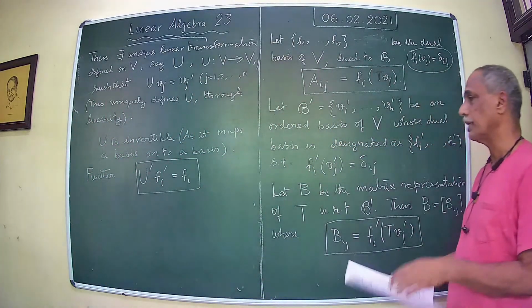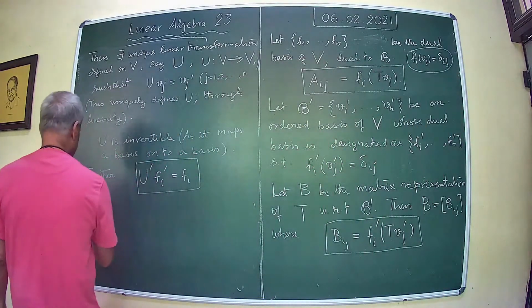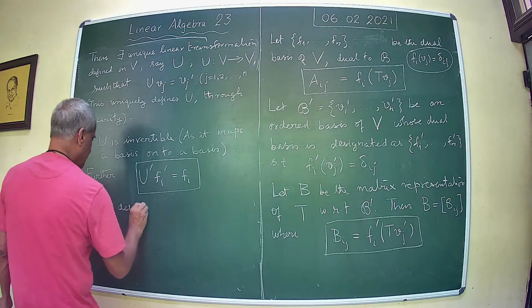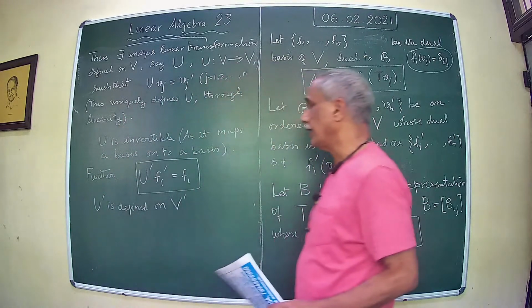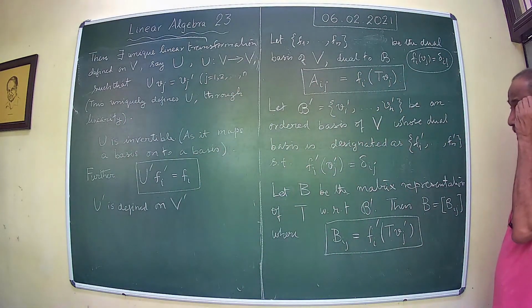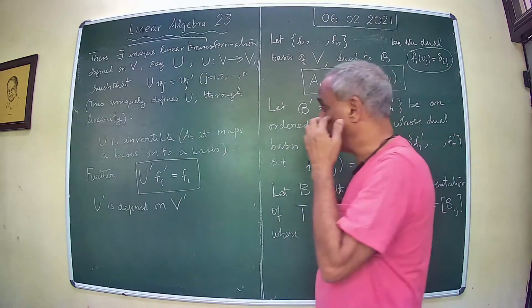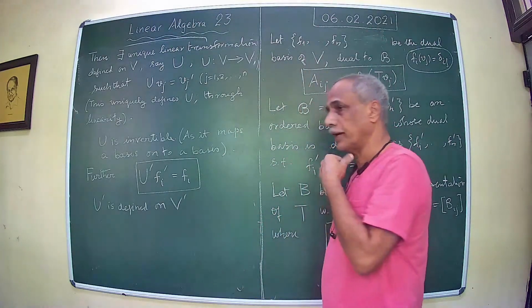Now you see U transpose is defined on V prime, and the collection Fi is dual to Vi. The collection Fi prime is dual to Vi prime.